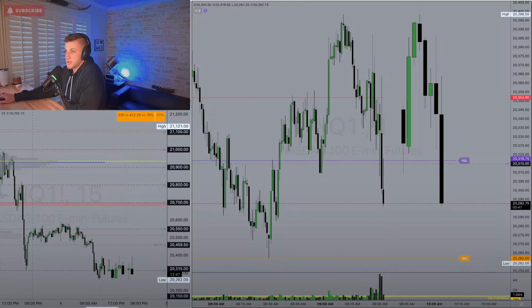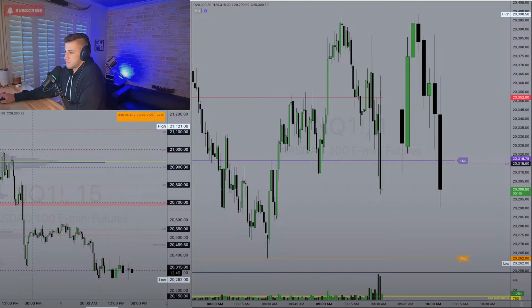Overnight low is at 262. Coming into that overnight low here, 262 is the level.